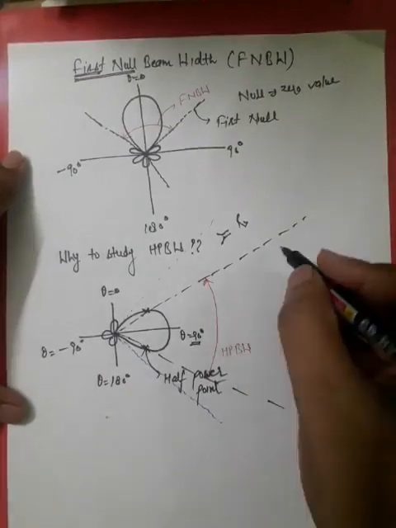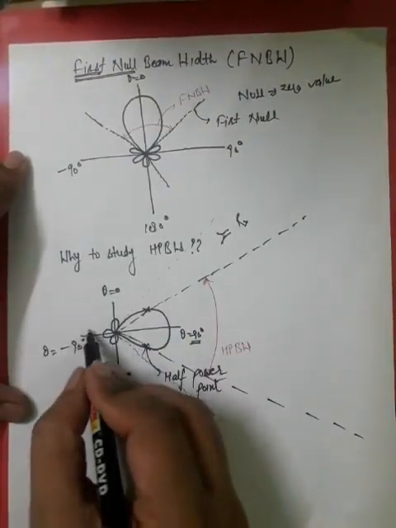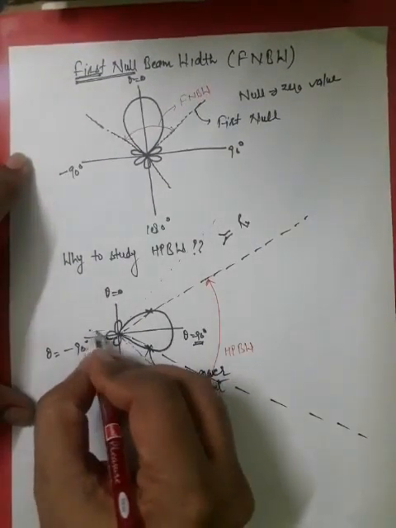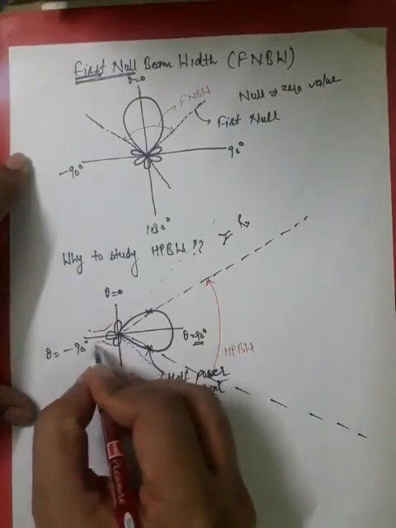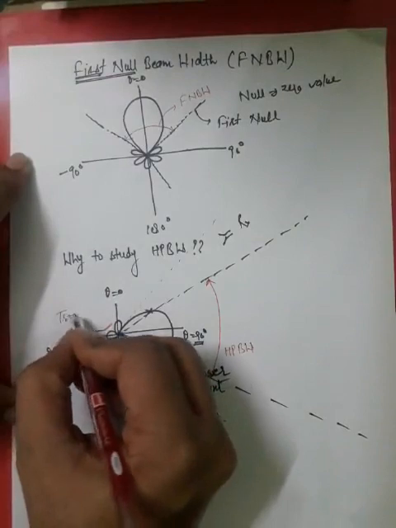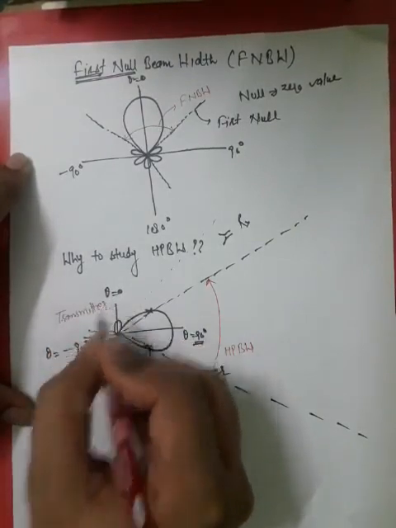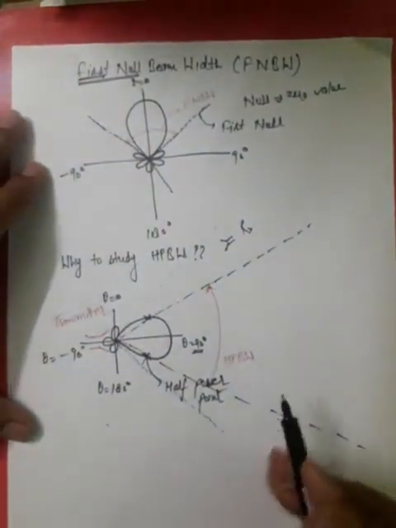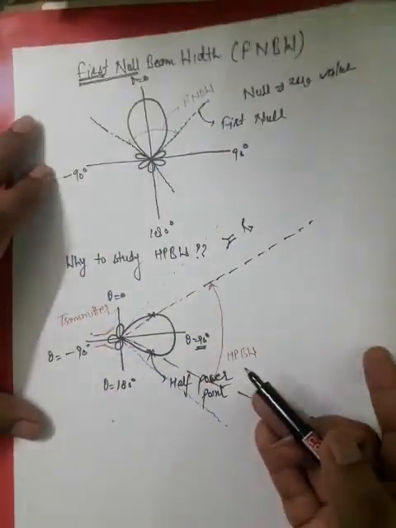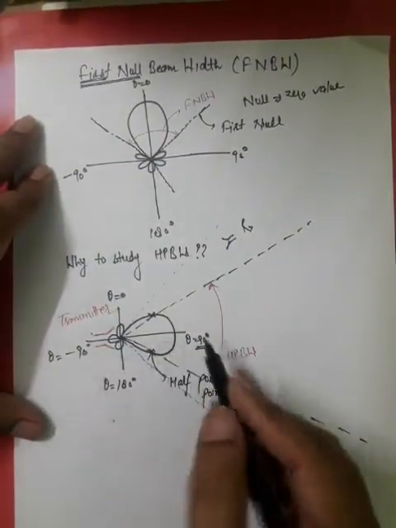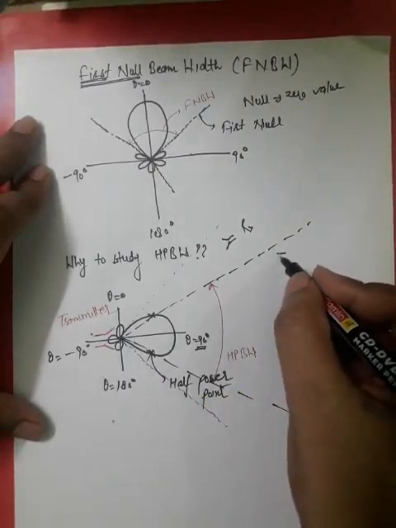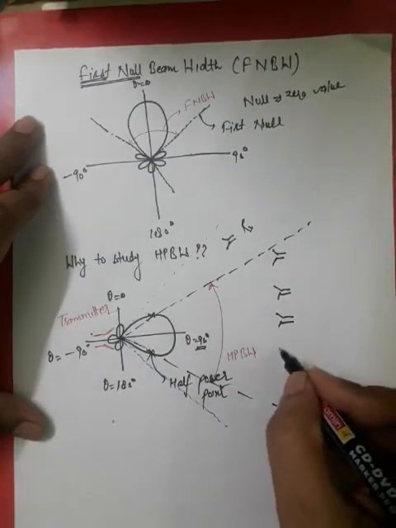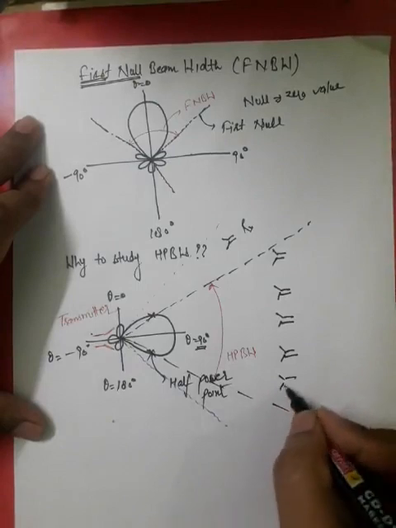So if we consider this as a transmitting antenna, a transmitter, any receiver which is placed within the half power beam width will basically receive the power.